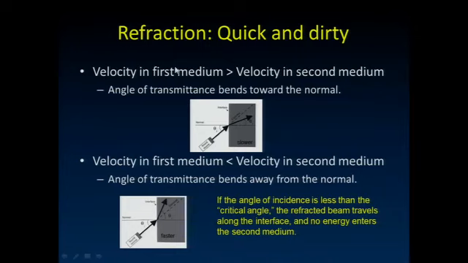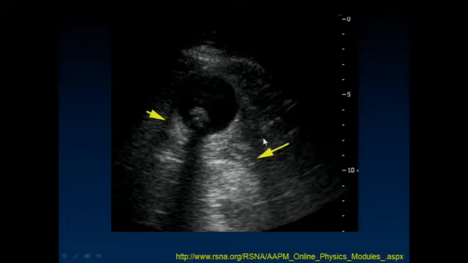The truth is the velocity in the first medium is not exactly the same as the velocity in the second medium, and when that occurs, we get a slight bending of this refracted ultrasound beam, and the amount to which it's refracted depends on whether the velocity is higher or lower, and I'm showing that here in these two pictures.